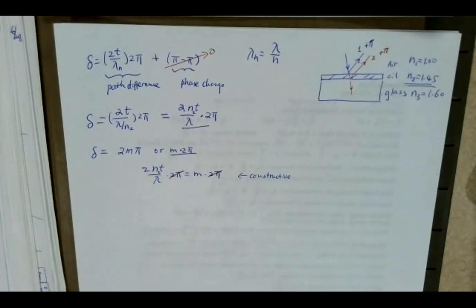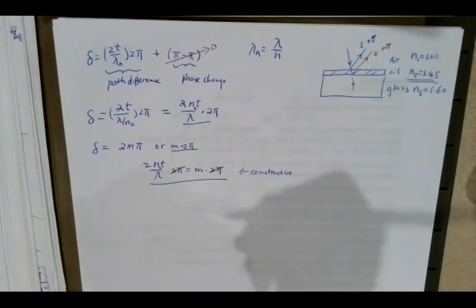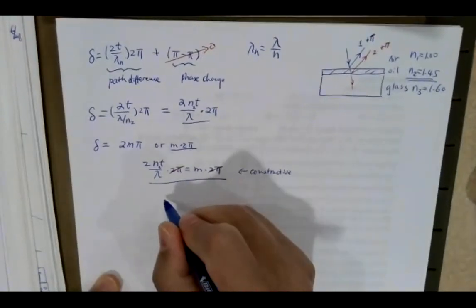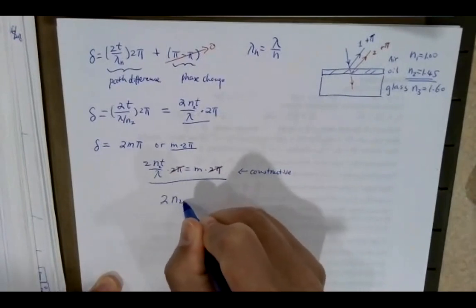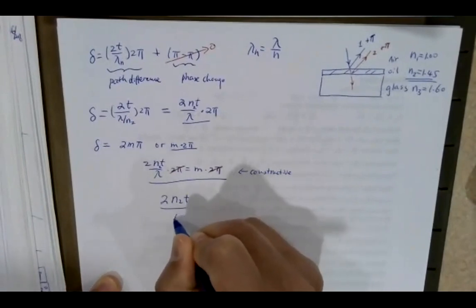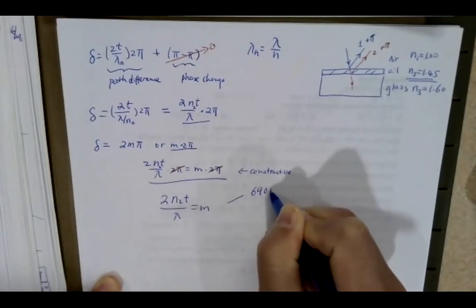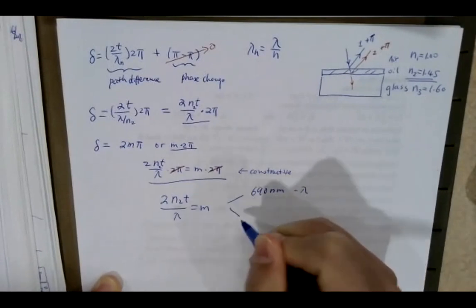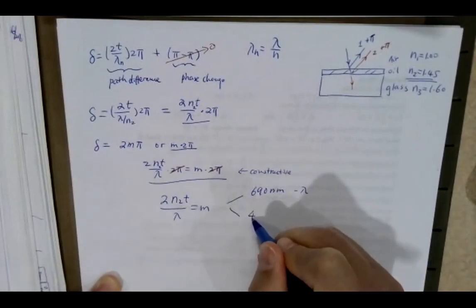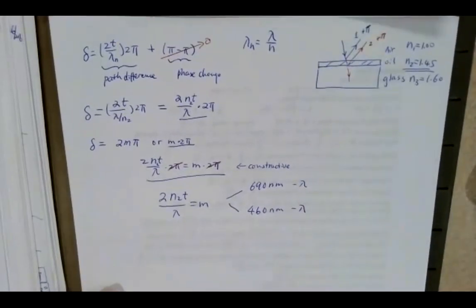Then you can apply this condition to both light wavelengths, 690 and 460. So 2 times n2 times t over lambda equals m. You can apply it to 690 nanometer lambda, and then you can also apply it to 460 nanometer wavelength lambda.